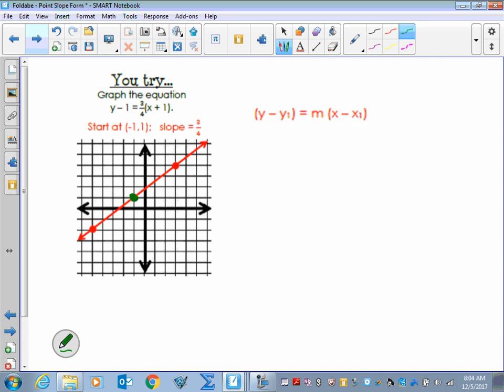That's right here. Start at -1, positive 1. And then your slope is 3/4, so you're going to go up 3 over 4. And there's your point. You can go down 3, and then to the left 4. And there's your third point.